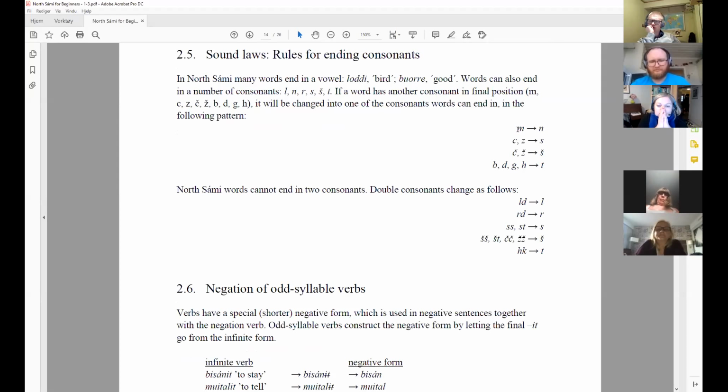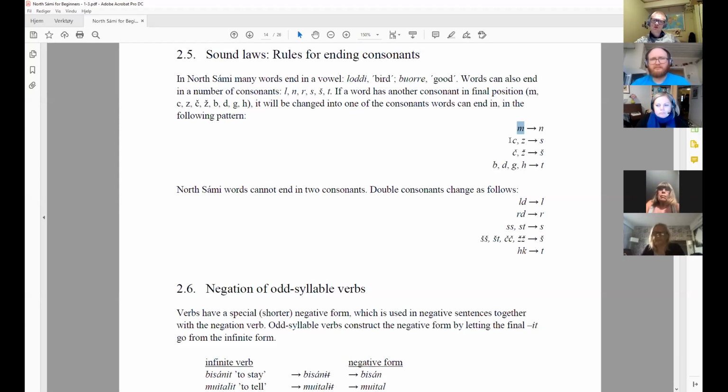Therefore, if you have an M in the end of a word, when you conjugate or inflect it, it becomes an N. So even though it was oahpam, it becomes oahpan, because it's easier to say oahpan than to say oahpam. M needs a little bit extra, and therefore you have this to make it easier.